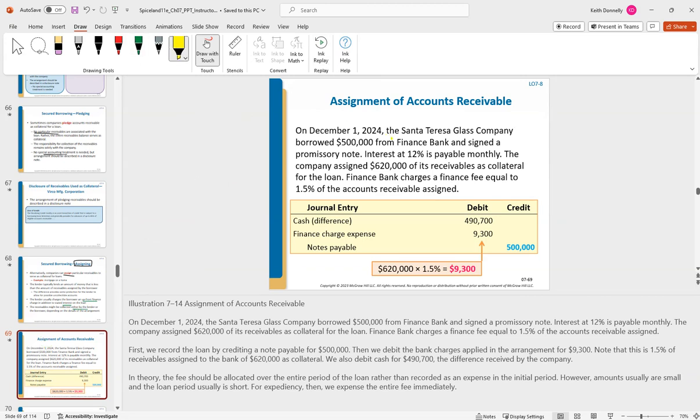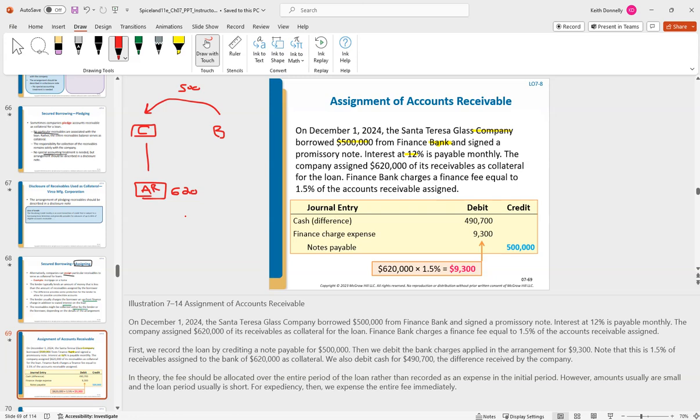So on December 1st, 2024, we got a company. They borrow $500,000 from the bank and they sign a promissory note with a 12% rate there. So they got the bank, they borrow 500,000. The company has an account receivable of 620,000.